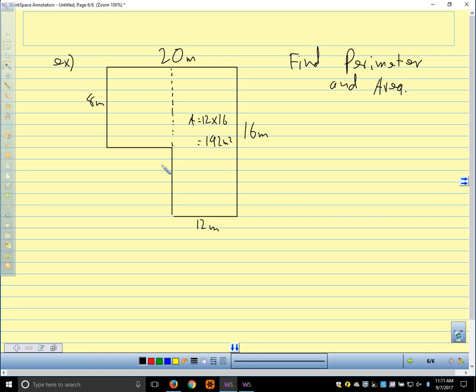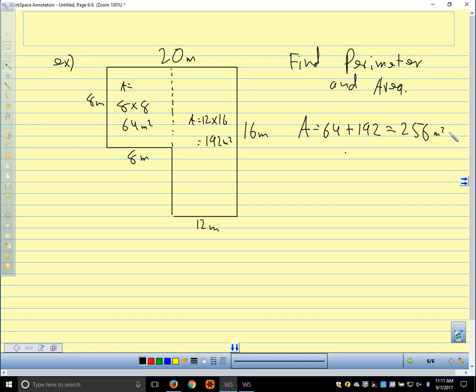This whole side is 20. This piece of it's 12. So that leaves 8 for that. 20 minus 12 is 8. So this side has to be 8 meters. So this area is 8 times 8, 64 square meters. So the area is 64 plus 192, and that is 256 square meters.